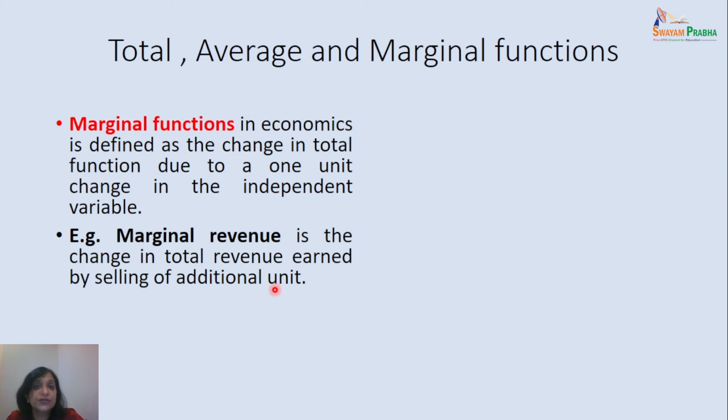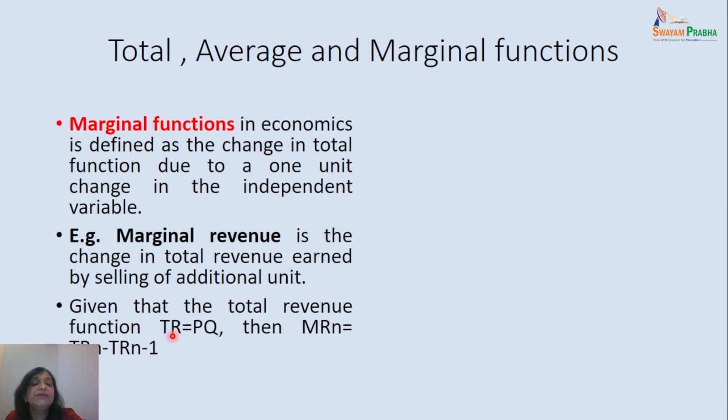What is total revenue? We say total revenue is the price of the product multiplied by the quantity that we are selling. So if we sell 1 additional unit, there will be some change in my total revenue. How much is the change in my total revenue is called marginal revenue.